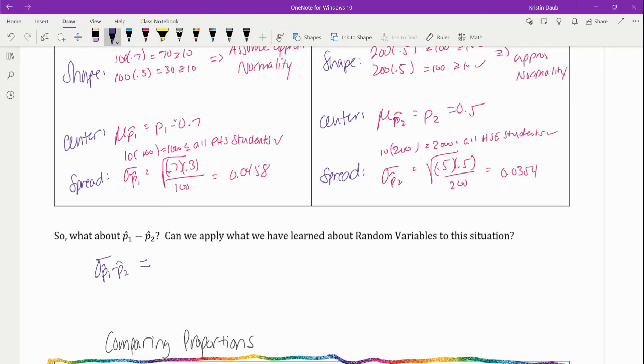So I could square it, and in this case, I would have 0.7 times 0.3, and then that's divided by n1 of 100. And if I squared the other one, I would have 0.5 times 0.5 over 200. Now this was for the variance, so I do need to take a square root to have a standard deviation. And you can use the values that we calculated above. Let's calculate what this is.